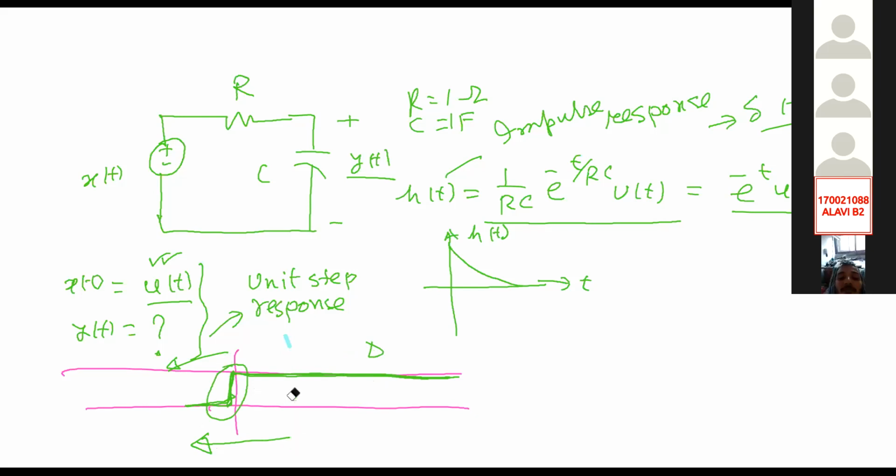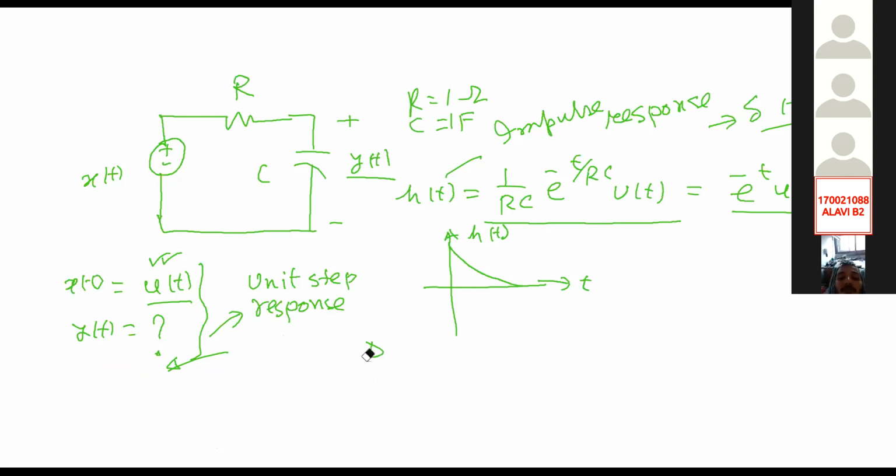So from your basic idea, you are applying a voltage across your capacitor at time t equal to 0, and that has an amplitude equal to 1 volt. Then how will your output look? Because you know from first year that your output y(t) will have this nature. Your capacitor is gradually getting charged to a maximum value equal to 1 volt, isn't it?